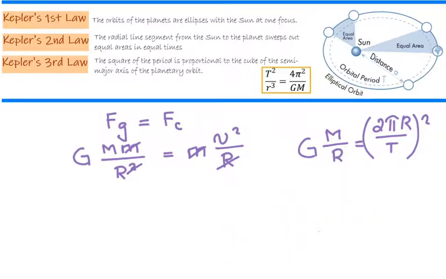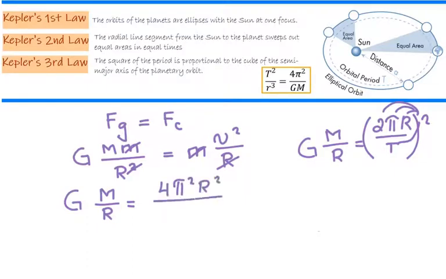If I square every single term in this parenthesis, I get G M over r is equal to 4 pi squared r squared over t squared. I'm going to cross multiply to get rid of the fraction, and I will get G M t squared is equal to 4 pi squared r cubed.